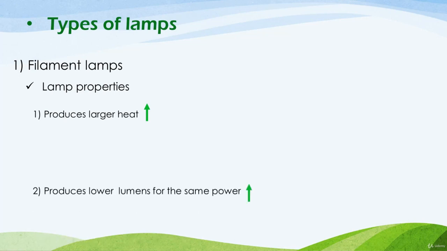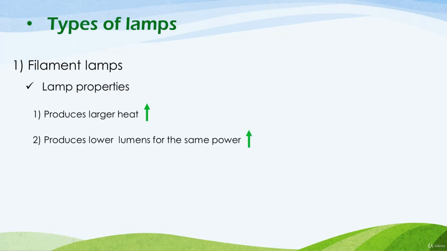And for that, the second property is that the lumens from that lamp is low compared to the electric power that it consumes. So it produces a lower value of lumens. The third property is that it has larger total losses, and this is due to the excessive heat produced by it. And then the fourth property is that it consumes a larger power.